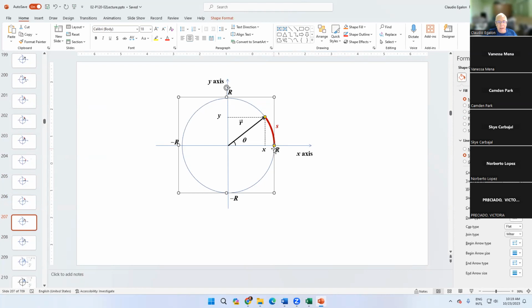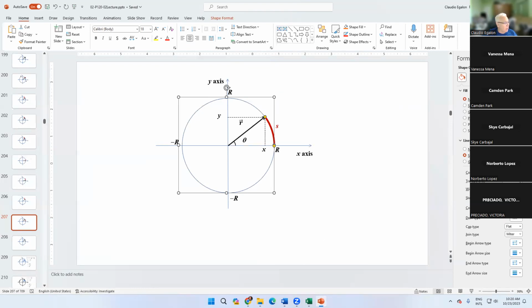This object moves a given distance here along this arc. And there is a relationship for S, R, and theta. There's a relationship for those three. And the relationship is the very definition of angle.